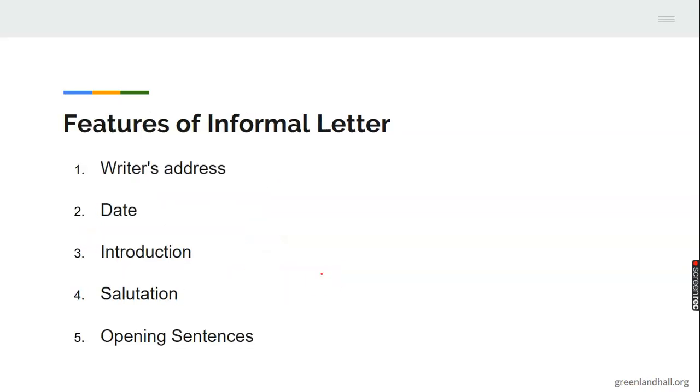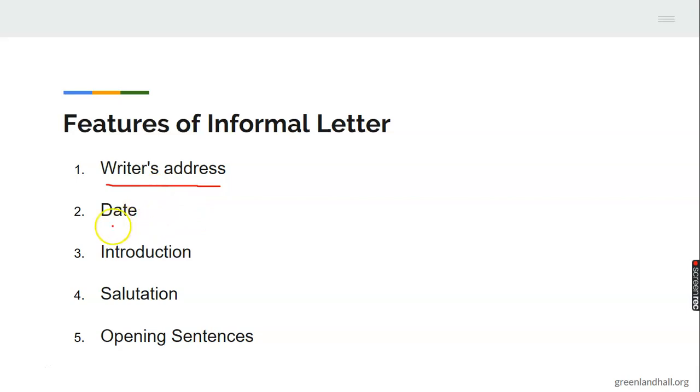Alright, features of informal letter now. The building blocks of informal letters. The first one is the writer's address. In informal letter, we have just one address, and that is the writer's address. The writer's address is usually in the top corner, and we'll look into it fully.